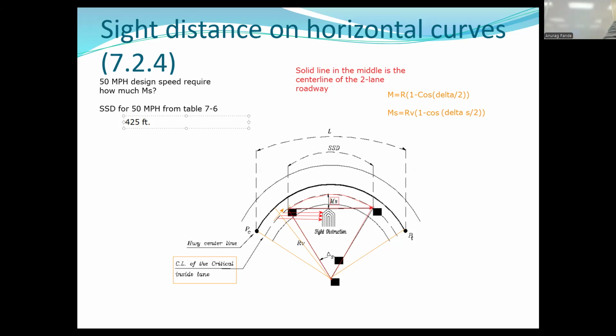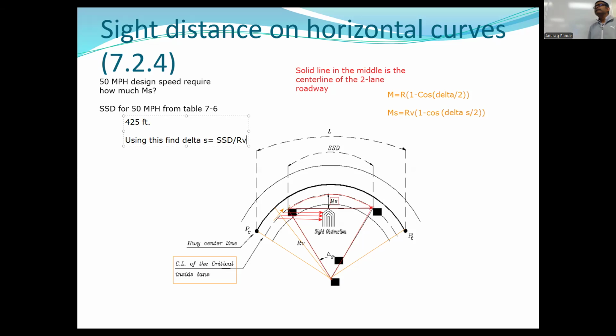Now you can use this to find delta S. Delta S is the central angle for that smaller subsection of the curve. If you take MS as your curve, its radius is RV. So delta S angle would be the arc length, SSD, divided by RV.